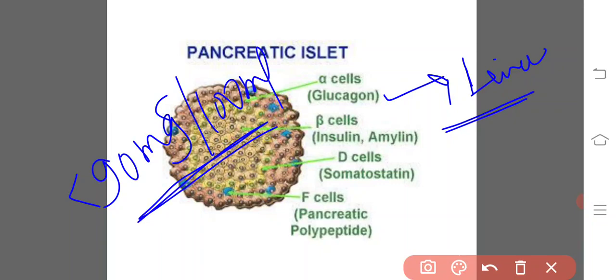As and when it is produced, it causes an increase in the blood glucose level. How does it increase? By glycogenolysis.